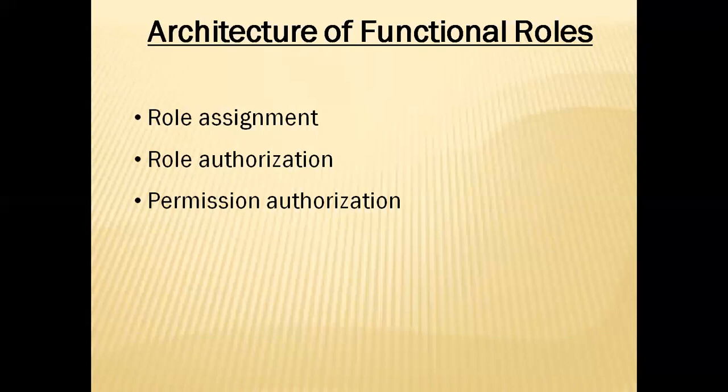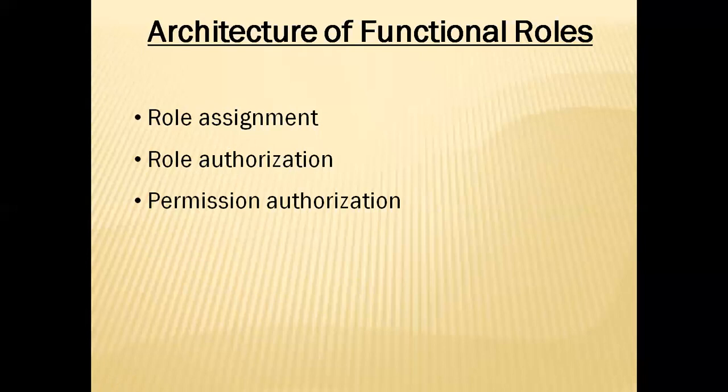Okay, fine. So at high level, RBAC is based on concepts like role assignment, role authorization, and permission authorization. Now let's understand what each of these is. Role assignment: a user can exercise permission only if the user has selected or has been assigned a role.